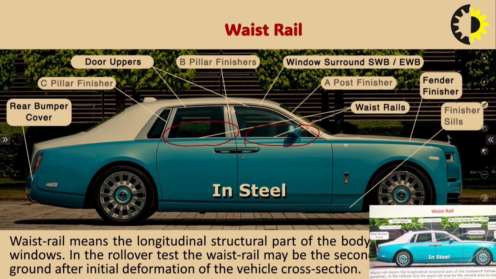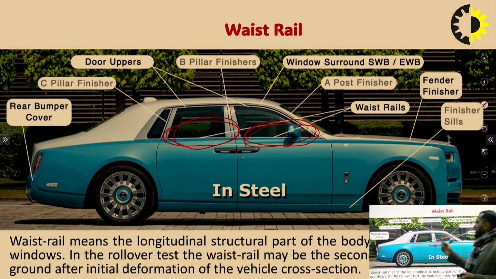In the rollover test, the vest rail may be the second area to contact the ground after initial deformation of the vehicle cross section. So the window can roll in this vest rail. This is known as the vest rail.